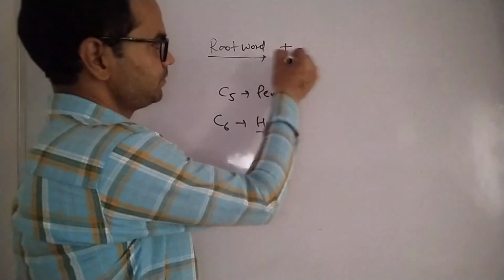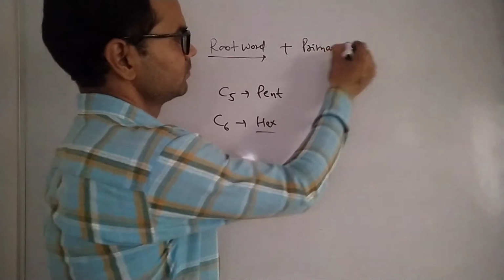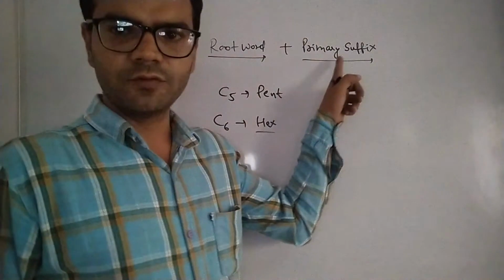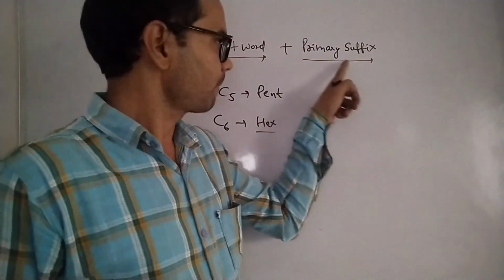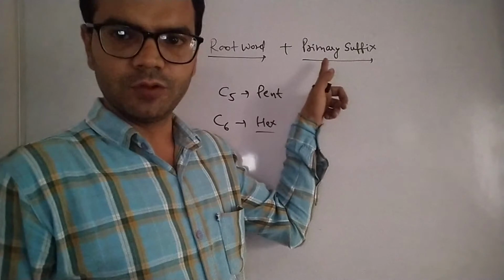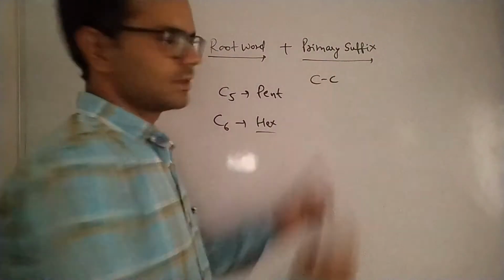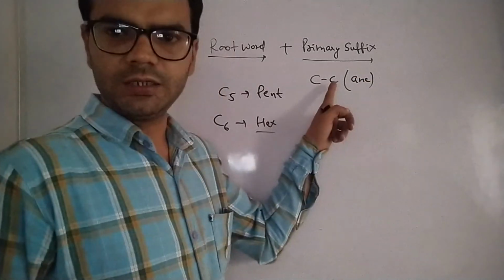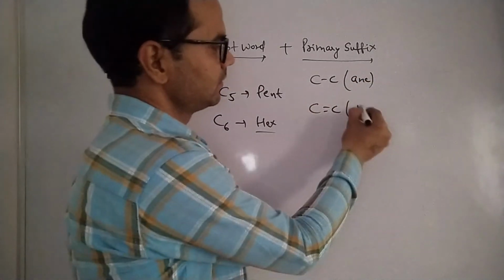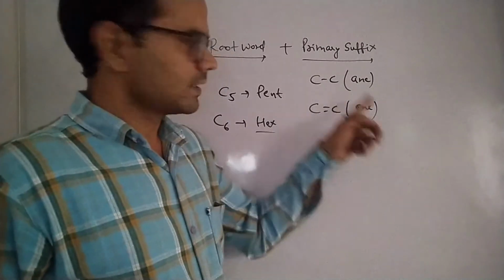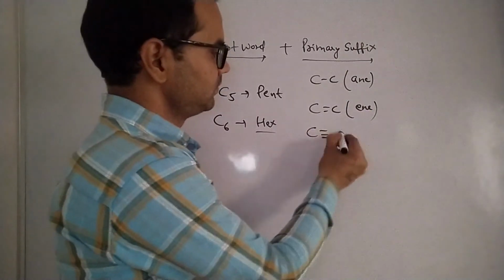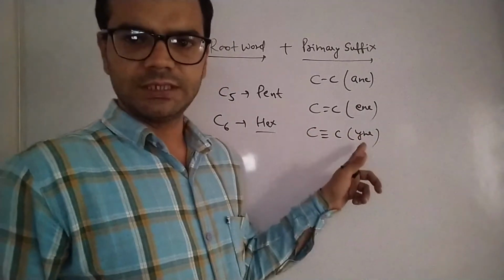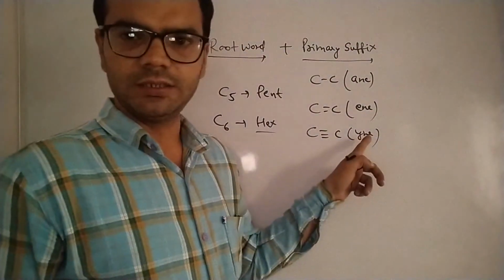Next is the primary suffix. The primary suffix indicates the nature of the carbon-carbon bond. If a carbon-carbon single bond is there, then the suffix is ane. If a carbon-carbon double bond is there, then the suffix is ene. And if a carbon-carbon triple bond is there, then the primary suffix will be yne.